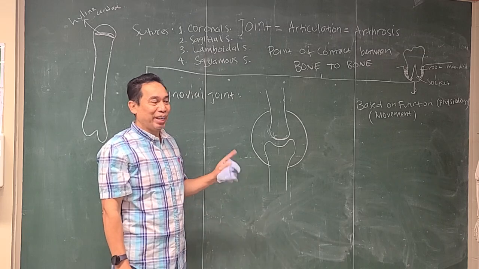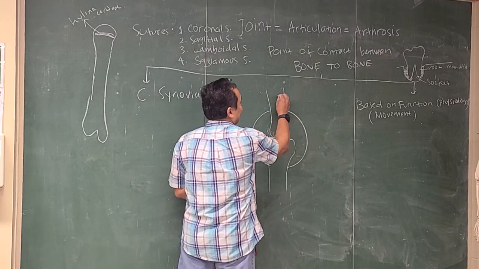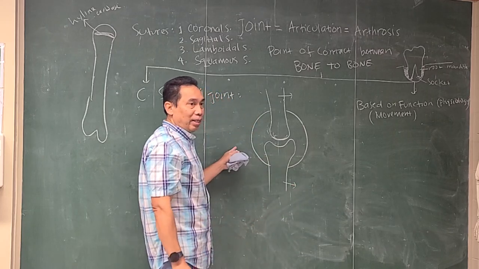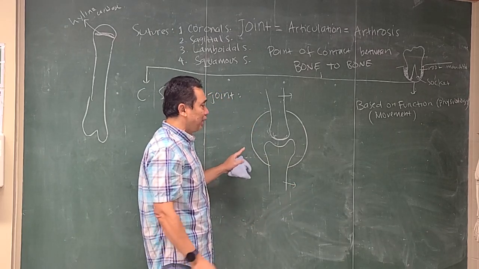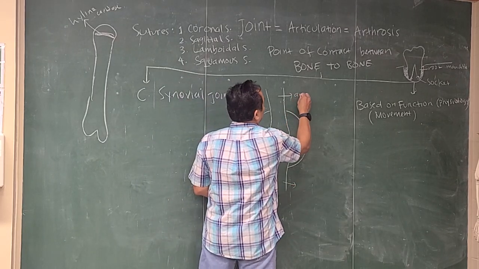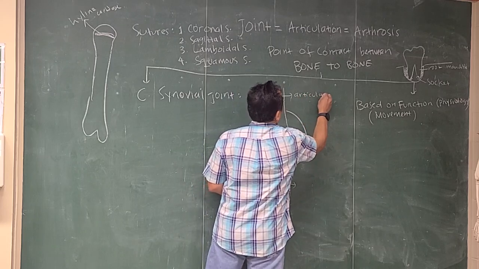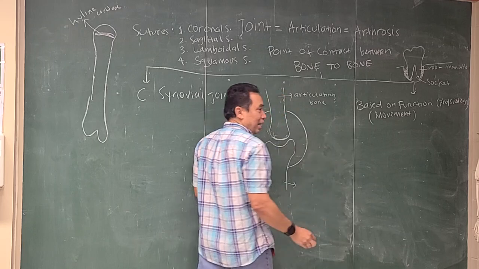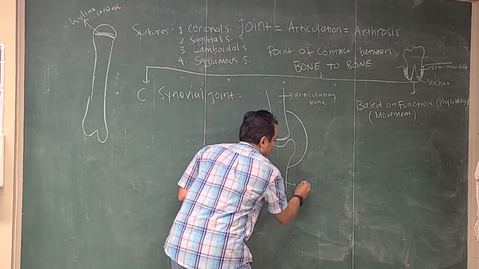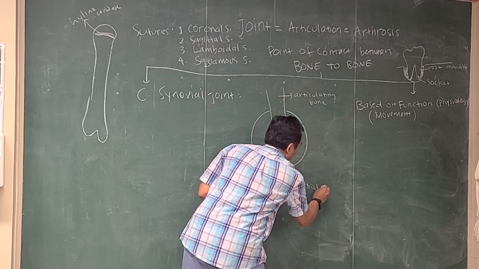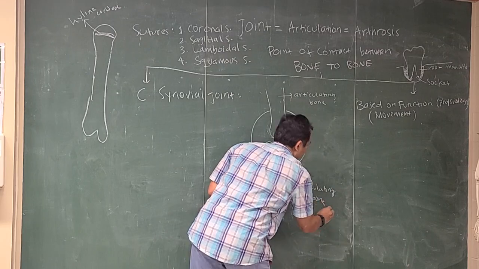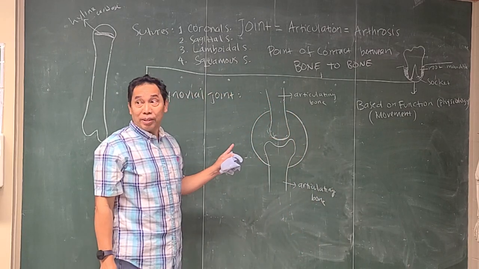You with me? The bone that makes the joint or the articulation is called the articulating bone. This is another articulating bone, the bone that makes articulation.